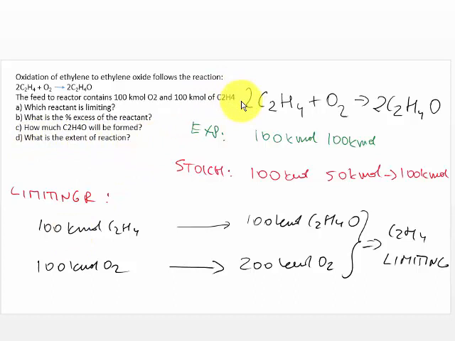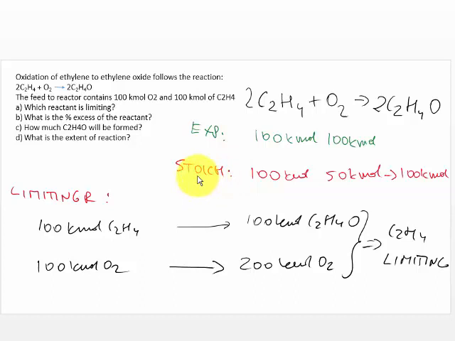We start our solution with balancing the chemical reaction. In fact, this reaction is balanced. 2 moles of ethylene would react with 1 mole of oxygen, and the product would be 2 moles of ethylene oxide. Experimental data shows that we have 100 kmols of ethylene and 100 kmols of oxygen.